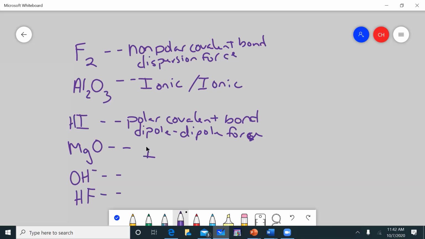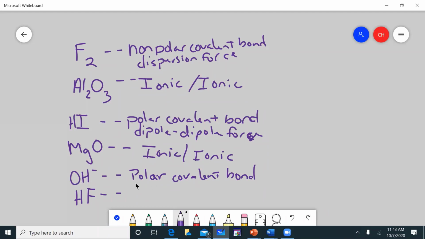This here is ionic, so its force is also ionic. This one here, this is between oxygen and hydrogen, so this is a polar covalent bond. As far as the forces that are happening, though, it's hydrogen with oxygen.